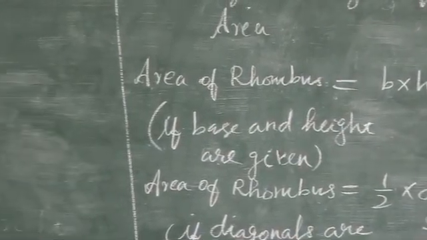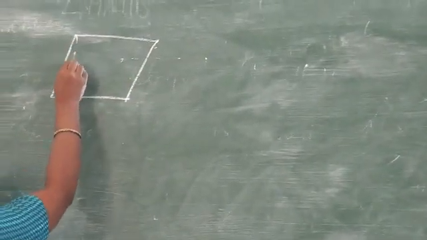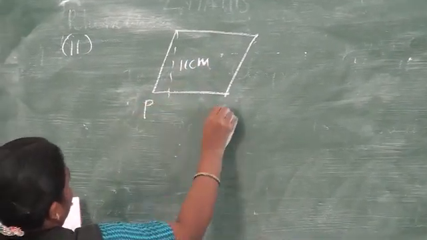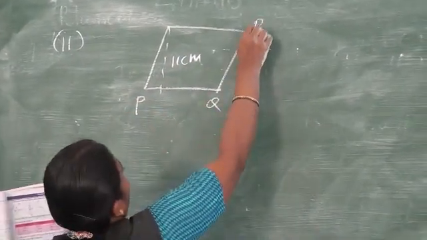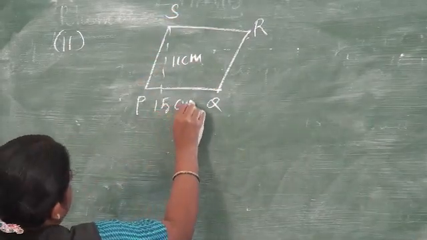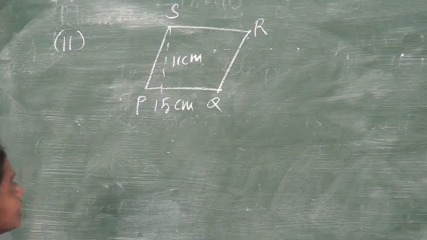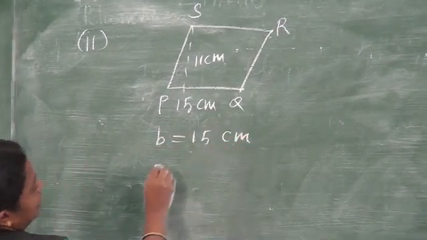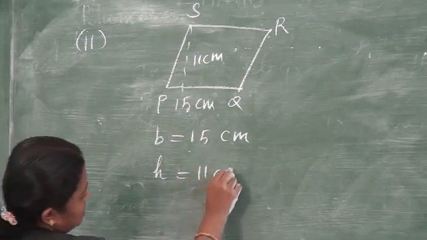Second option. Rhombus height is 11 centimeter, P, Q, R, S. What is the base? 15 centimeter. Here base and height are given. Base equal to 15 centimeter, height equal to 11 centimeter.